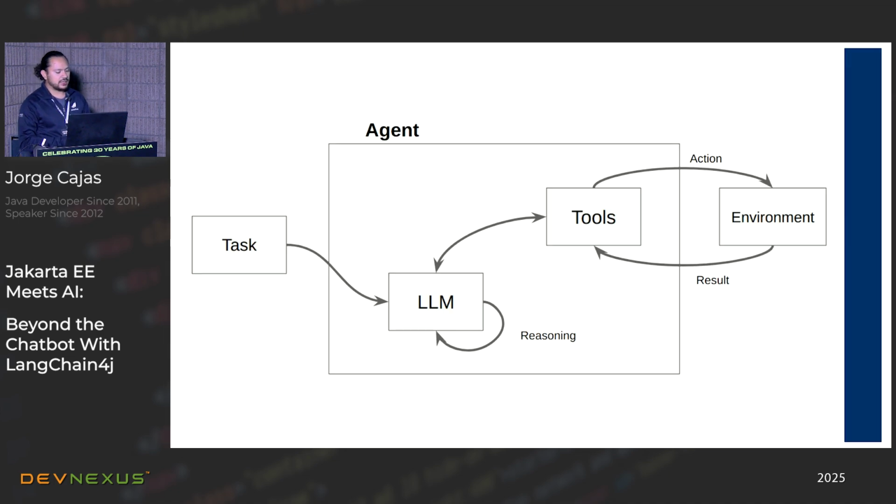How that works, they have something called agents, that basically is a way to orchestrate the conversation between your backend and the LLM. So for example, you're going to give the task, write a poem and send it by email. That's going to be sent to the LLM. The LLM is going to do some thinking, some reasoning. It's going to ask your backend or your tools about sending that by email. That tool is going to go to your backend.